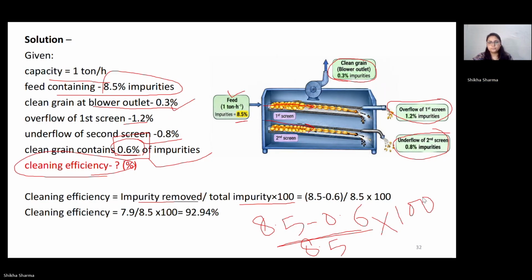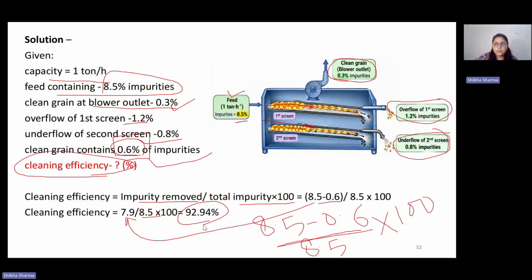So 8.5 minus 0.6 is 7.9, divided by the total 8.5% impurity, into 100. So 7.9 divided by 8.5 into 100 would be 92.94% cleaning efficiency.